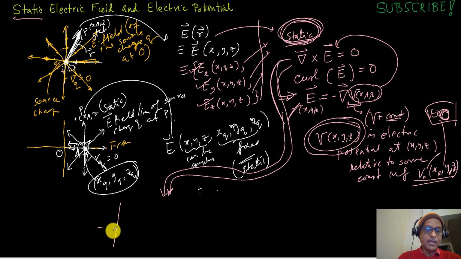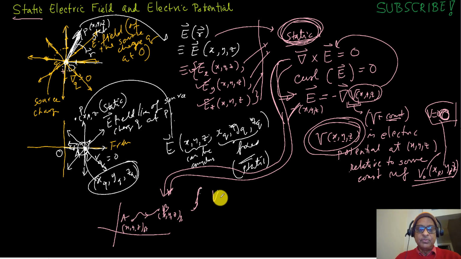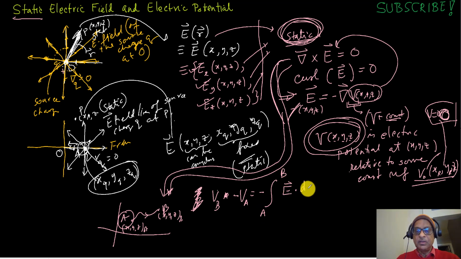If I have some place A and some place B, and I integrate along the path from A to B, then I can write V at B, with its x, y, z coordinates, minus V at A, is just the integral from point A to B of E dot dl. dl is a small vector that goes along the path, and you can do it over this path or that path.